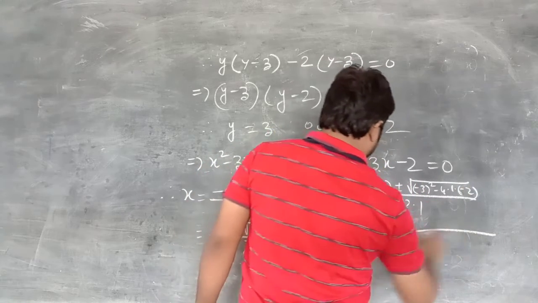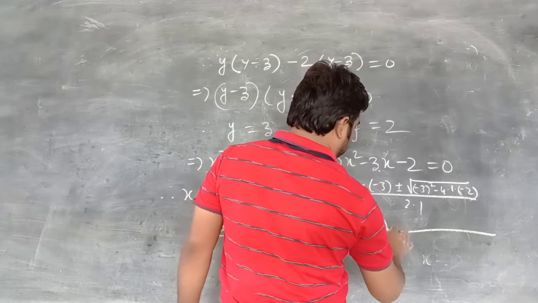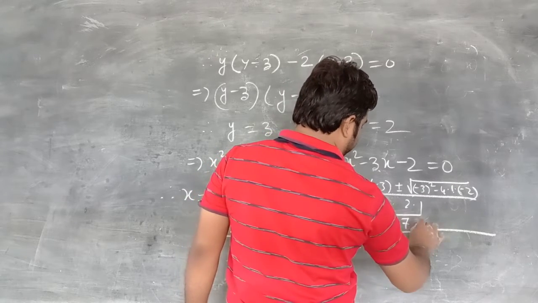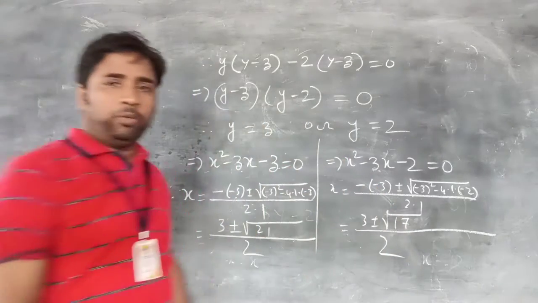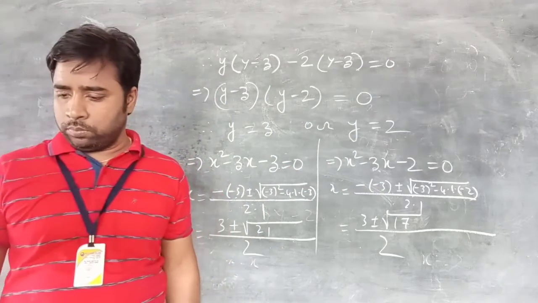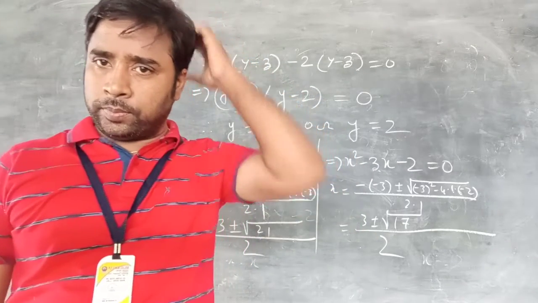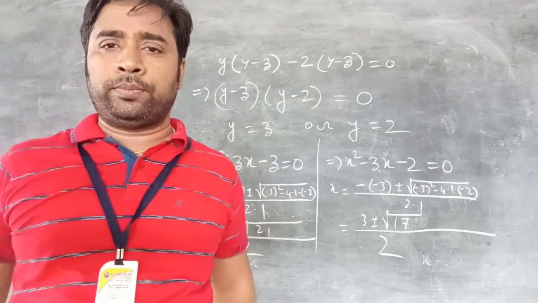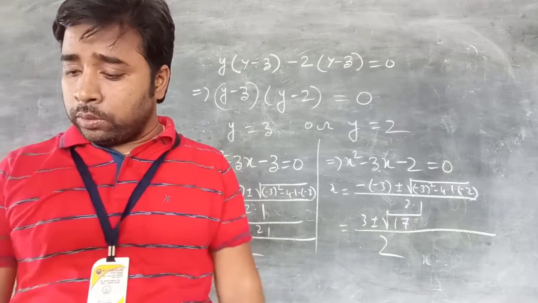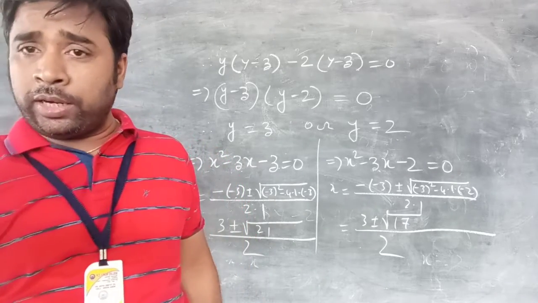So this is how much? 3 plus minus square root of 9 plus 8, 17, by 2. So these are the two values of x. Clear?